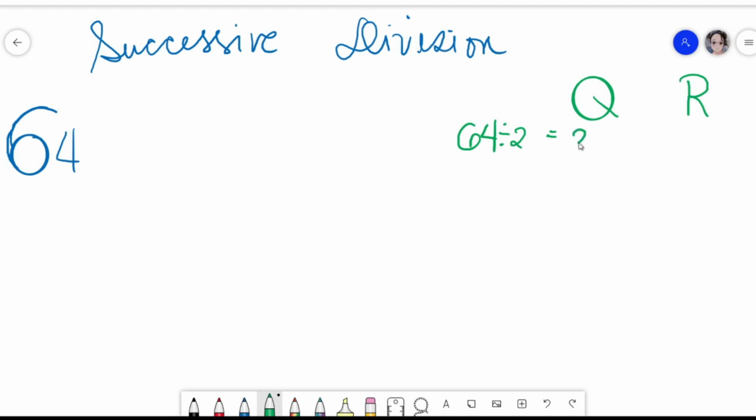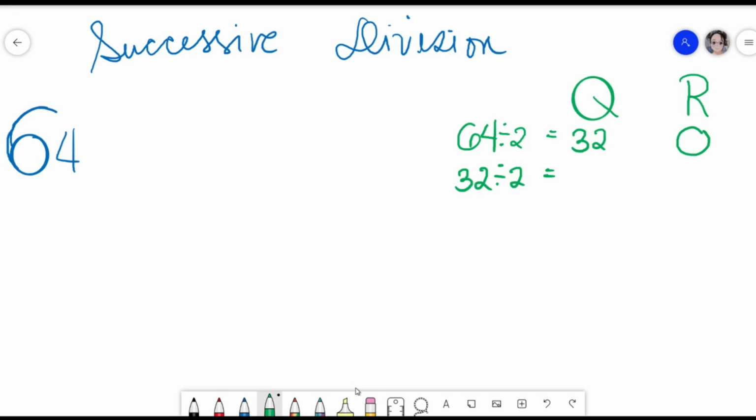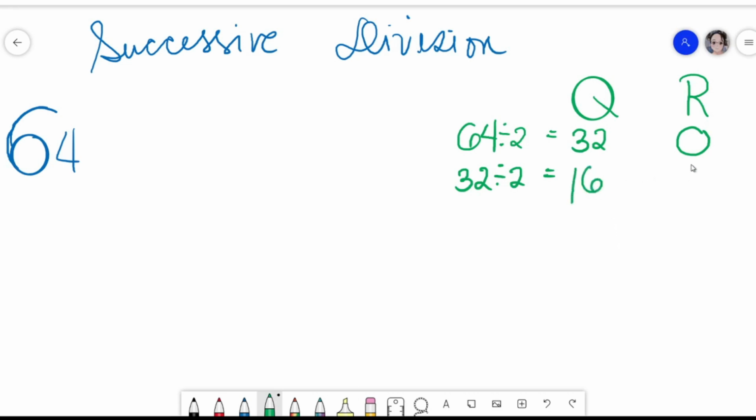So we put 32 here. If there is no decimal point, no remainder, so if it's a perfect quotient, it is okay, automatically 0. Then 32 divided by 2, how much? 16. Let's write 16. It has no fraction, perfect quotient, so 0.